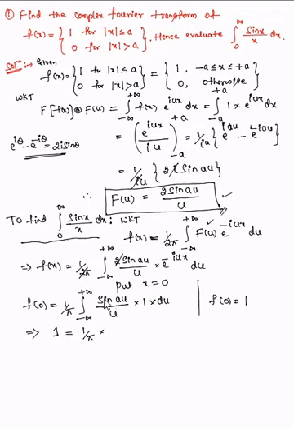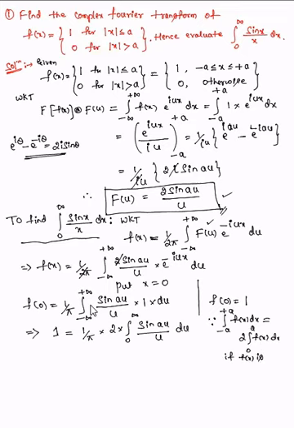According to the property of a definite integral, I can write this as 2 times integral from 0 to infinity of sin au divided by u into du, using this formula.